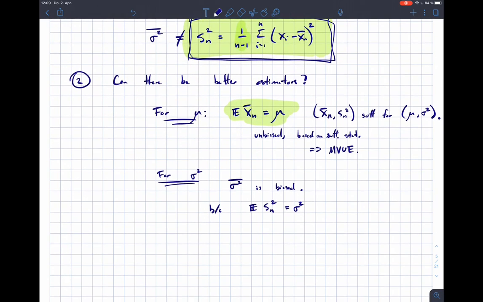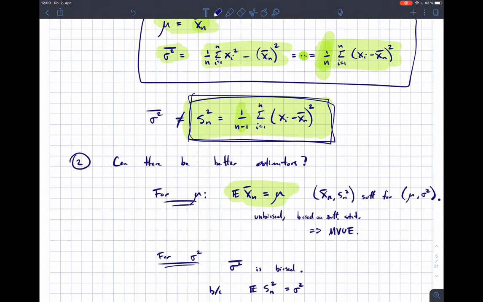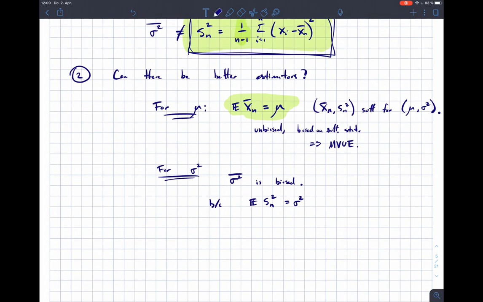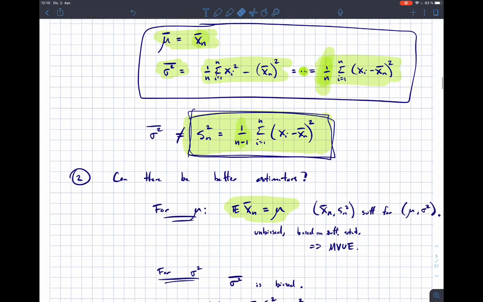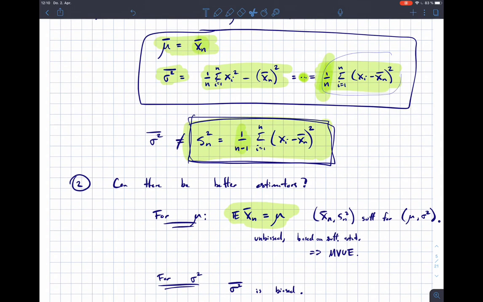And if I look at this method of moments estimator, I can write it as n minus 1 over n times Sn squared. Why can I do that? Let's write it out.